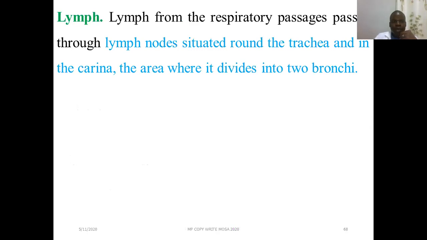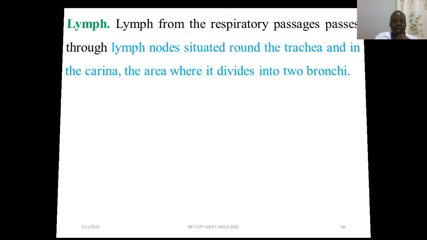Lymph from the respiratory passages goes through lymph nodes situated around the trachea and in the carina, the area where it divides into two bronchi.